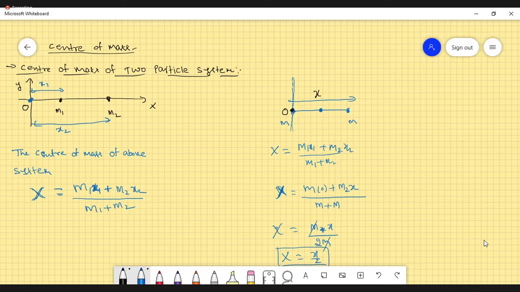Exactly at the center, that is x by 2. Correct? That was just an example I explained, no need to write this one. So this is the center of mass formula for the two particle system. Understood?